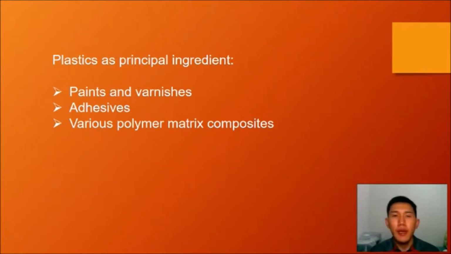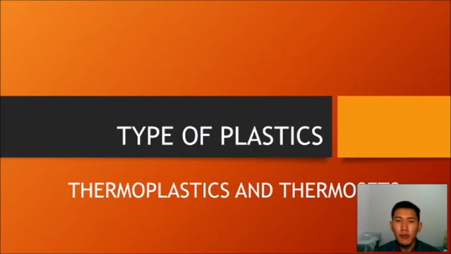In addition, plastics are often the principal ingredients in other materials such as paints and varnishes, adhesives, and various polymer matrix components. There are two types of plastics, thermoplastics and thermosets.